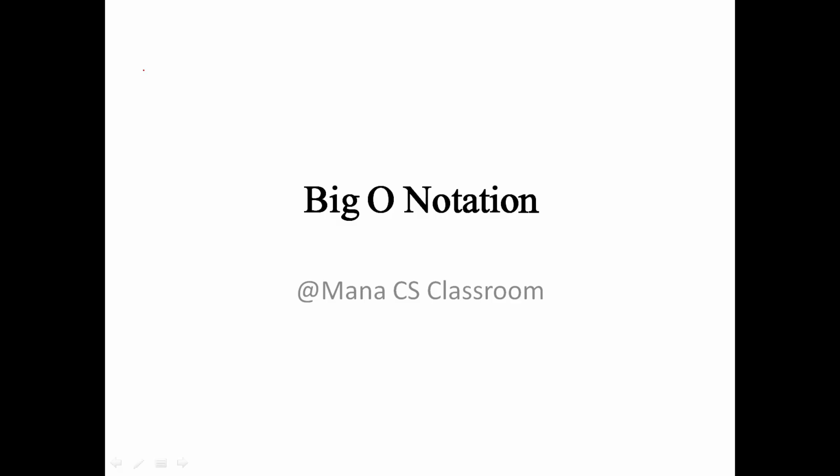Today we are discussing an asymptotic notation, Big O. Big O notation is used to express the efficiency of an algorithm in a general way. In algorithm analysis, we are not mainly interested in exact execution time because execution time depends on system speed, programming language, compiler, and hardware.